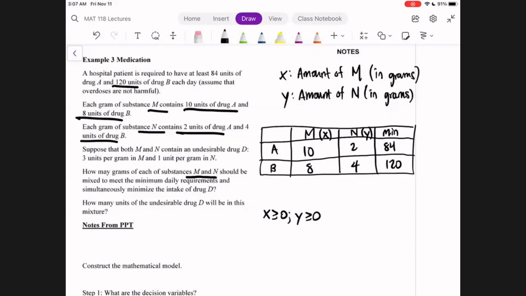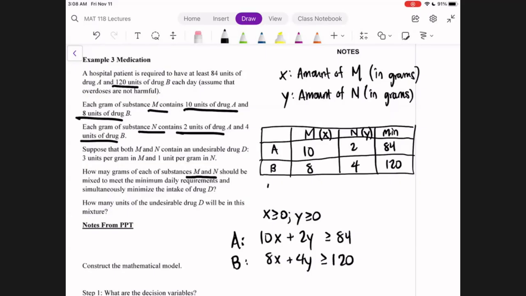Okay. And then my first equation would be 10x, this is for A, plus 2y is not less than, I need a minimum, so that's going to be greater than or equal to 84. And then for drug B, 8x plus 4y is greater than or equal to 120.